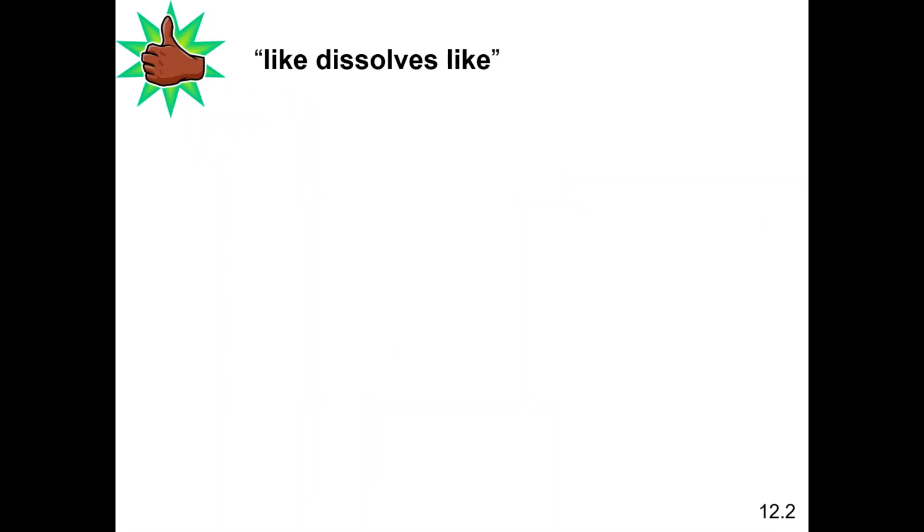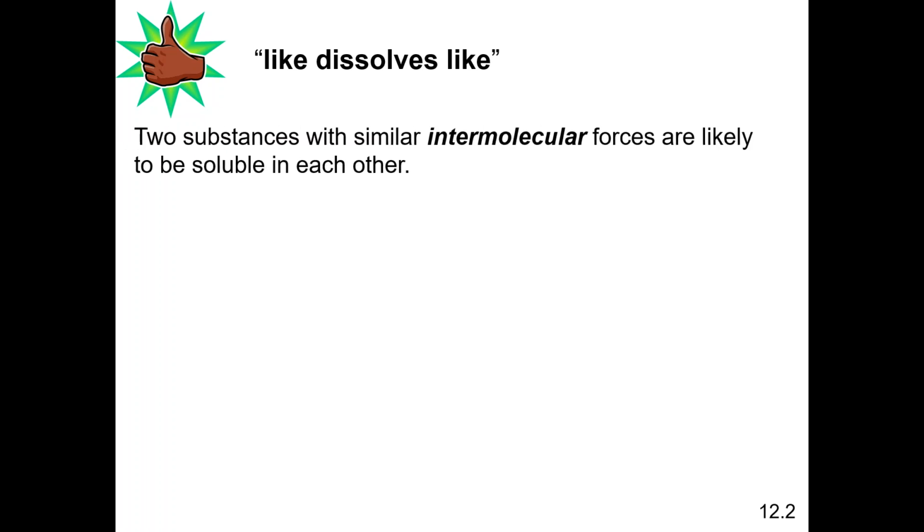Okay, so a general rule of thumb that applies when it comes to determining what solute will be dissolved in what particular solvent is like dissolves like. And basically what this means is that two substances that have similar intermolecular forces are likely to be soluble in each other.